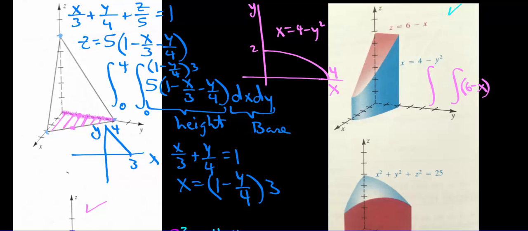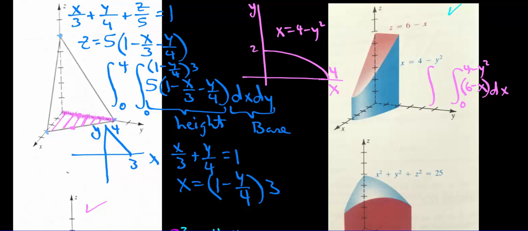So it seems obvious that, the way this is defined, x equals 4 minus y squared, I'm going to integrate with respect to x first, because I'm just going to go from 0 to 4 minus y squared. Since it's in terms of y, I'll have my integration be with respect to x.